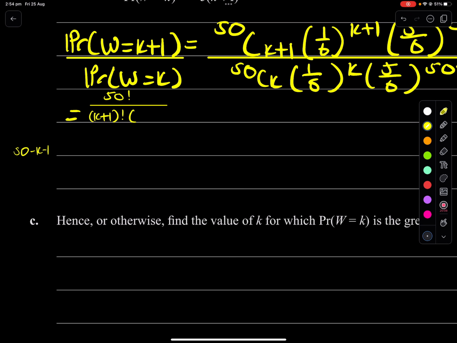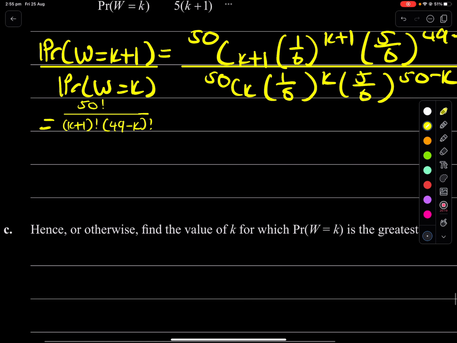So it'll be 49 minus k factorial. Okay. Alright. And times, well, we can just say 1 over 6 to the k times 1 on 6. We can just simplify that.